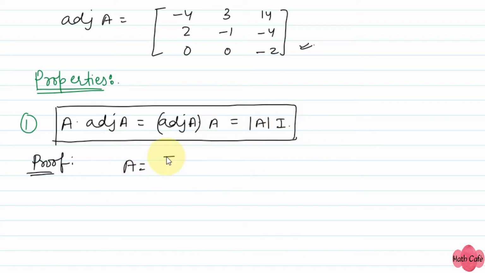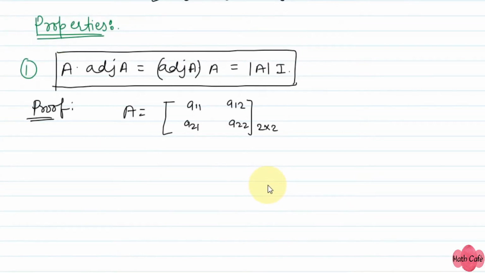Let A be A11, A12, A21, A22, a square matrix of order 2. Alright, and we will find the adjoint of this matrix as C11, C12, C21 and C22.